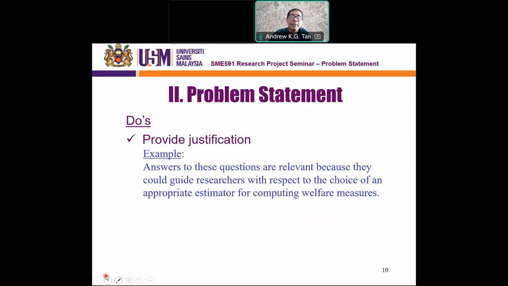This is a justification of doing the study which you can include in your problem statement. Do include such justifications in your problem statement. Then, do provide in point form. You can provide your justification in point form also. We will see afterwards several examples of justifications in point form in the problem statement.